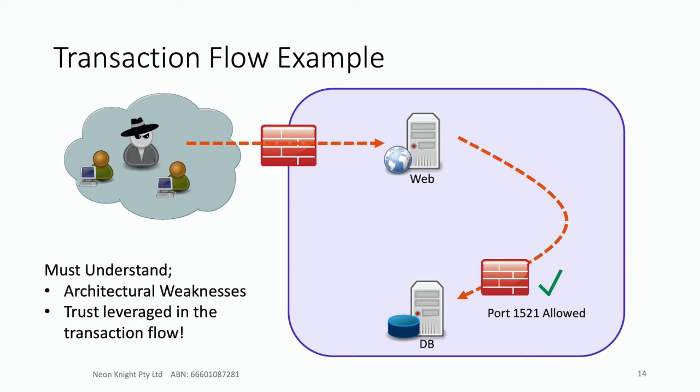So I would regard that as a fundamentally flawed architecture. Even if it was locked away in some secure enclave, that one open port could be an easy vector for the data to be accessed and exfiltrated. So yes, you could put some compensating controls around it, but my point is to understand the transaction flows and how they could be potentially misused.